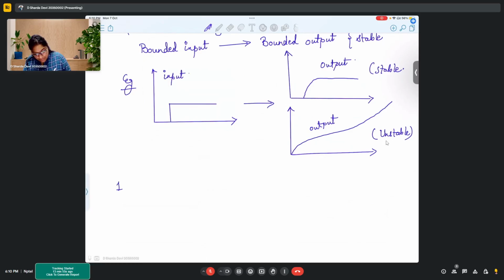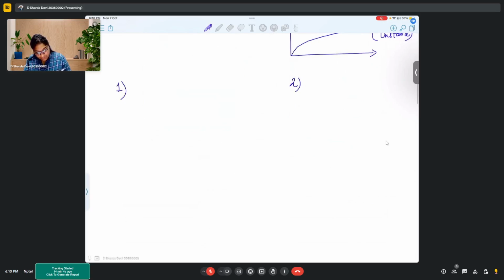There are four possible cases corresponding to the particular step input, and four different types of output.